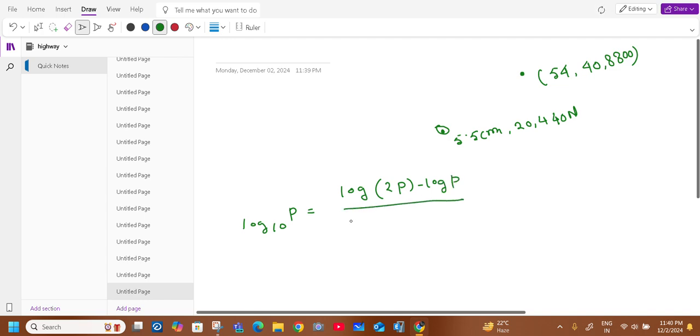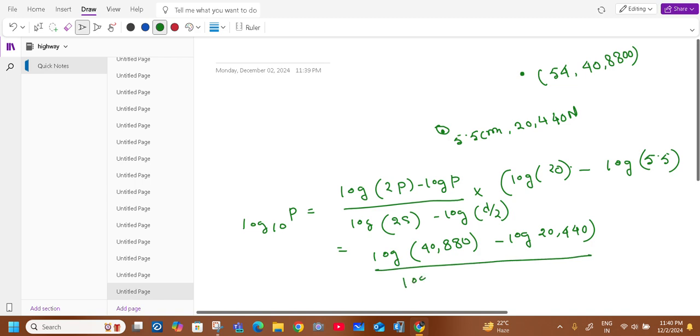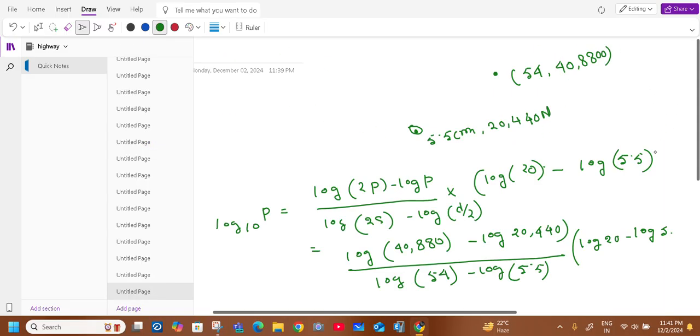Log P divided by log 2s by d by 2 into log 20 minus log 5.5, that means log 40,880 minus log 20,440 divided by log 54 minus log 5.5 into log 20 minus log 5.5.